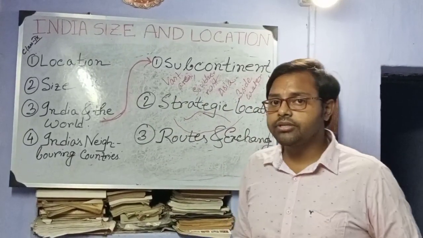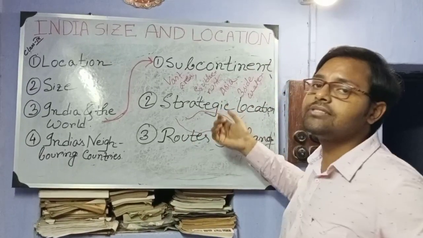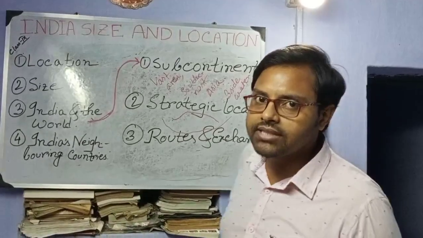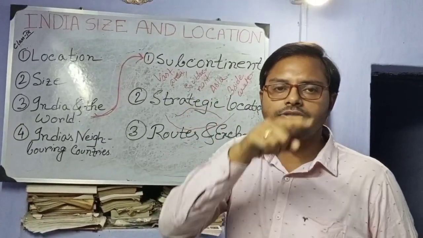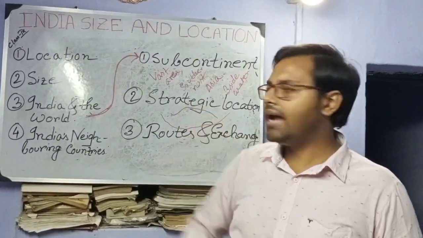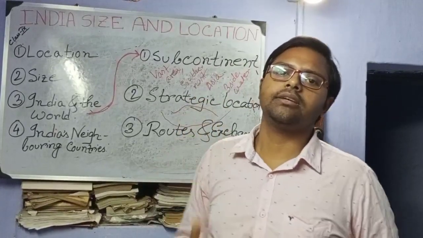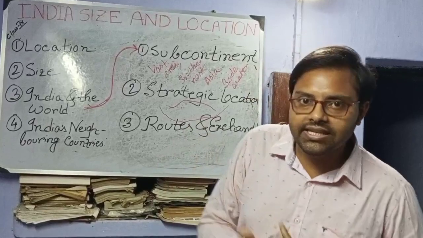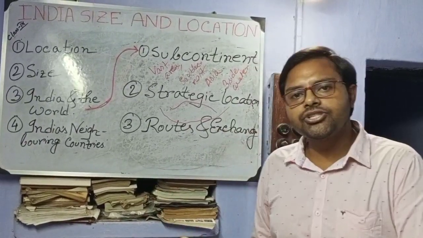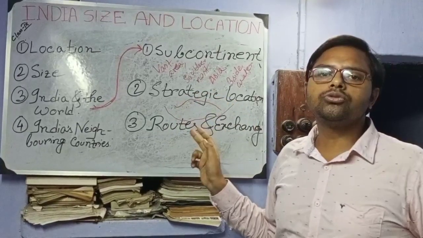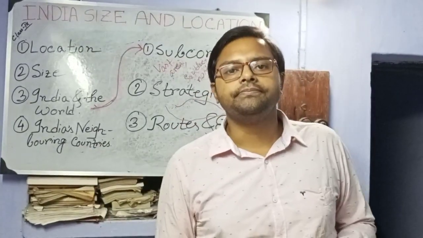There may be a CBSE 3 marks question: why does India have its strategic location? Then you have to state 2 points. What are the basic 2 points? That is the oceanic surroundings, and the Himalayan mountains in the northern side. That is the basic strategic location. As a result, India made relationships with other countries easily through oceanic water, and due to the Himalayan mountains, no one can attack easily.